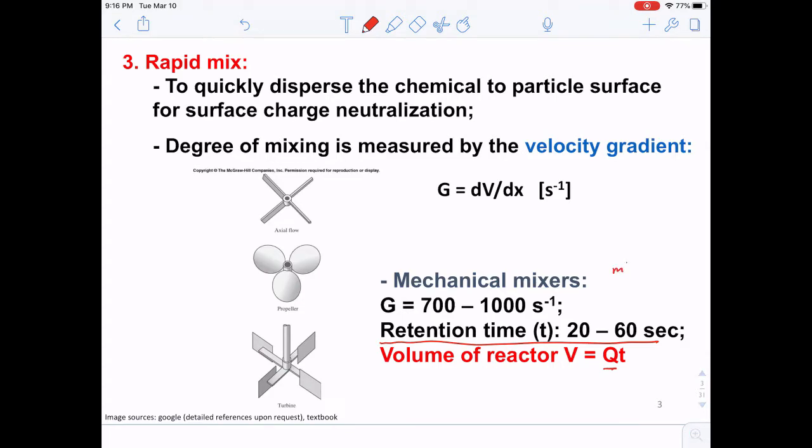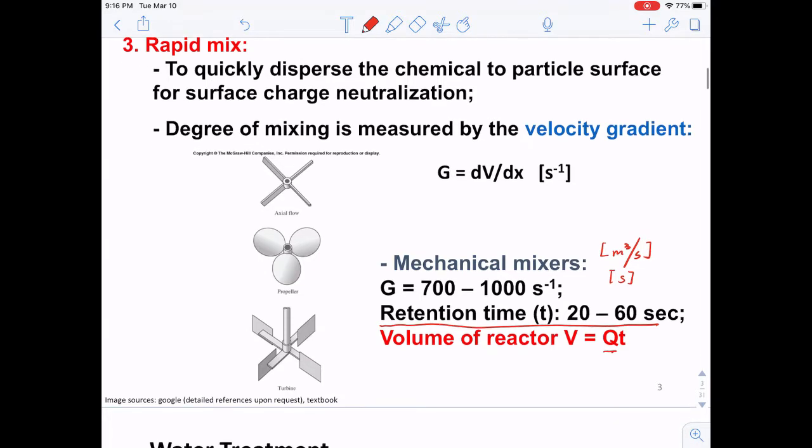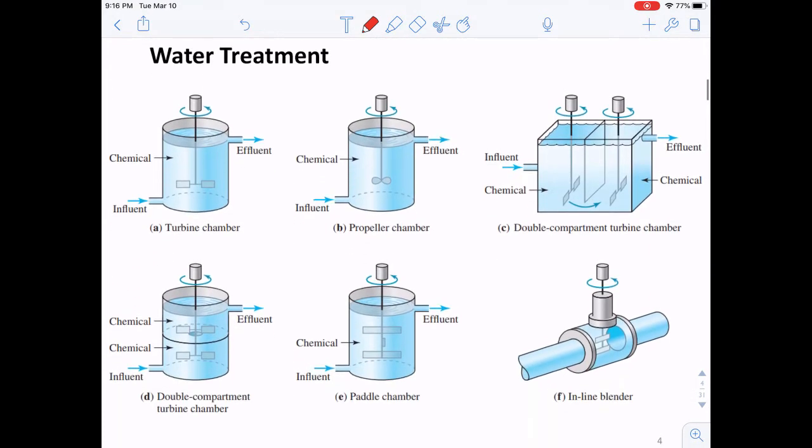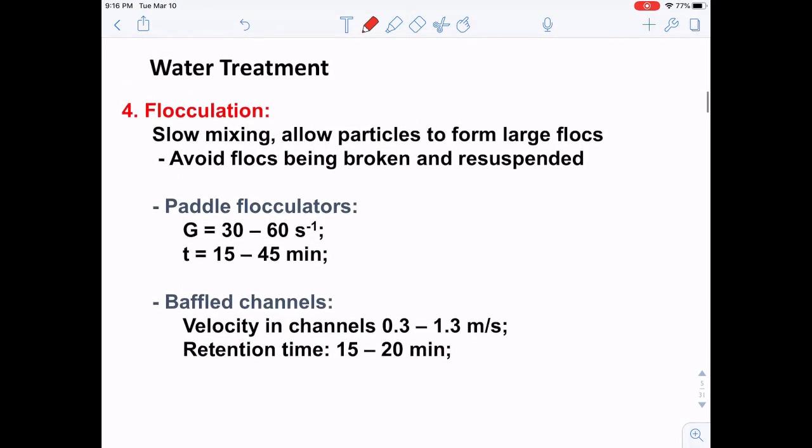As you can see, the flow rate typically has a unit of meter cubed per second, right? And then the time will have a unit of second. So if we multiply these together, that's going to have a unit of volume, and this volume is the volume of the reactor. Okay? The same happens for the flocculation.